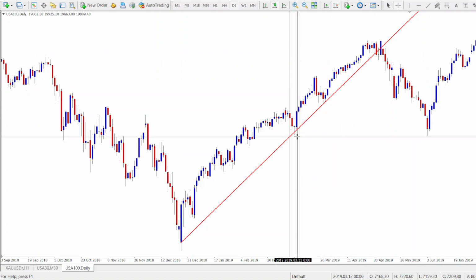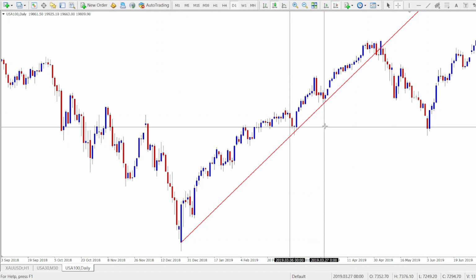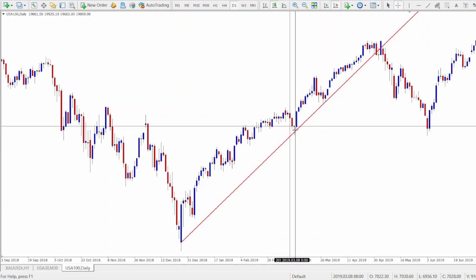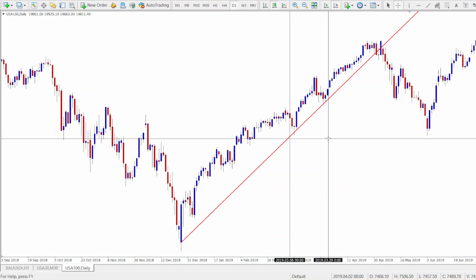So if we were to make a decision based on this pattern, we would have entered a buy trade somewhere around here, and probably a good spot for setting the stop loss is just right below the doji. Just below the dragonfly doji is a good place to set your stop loss.